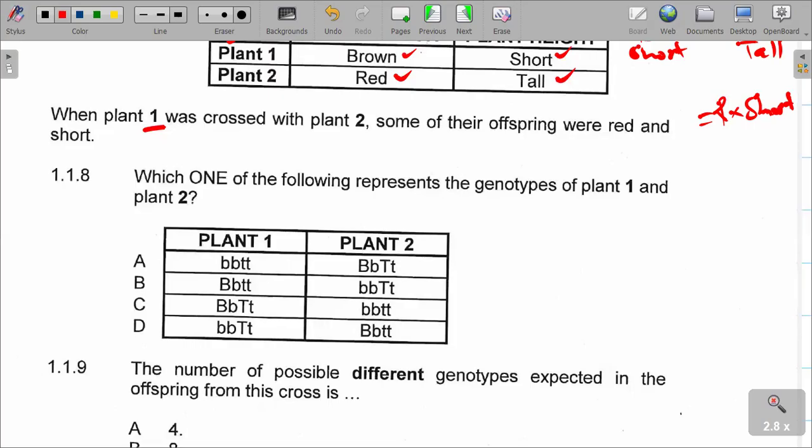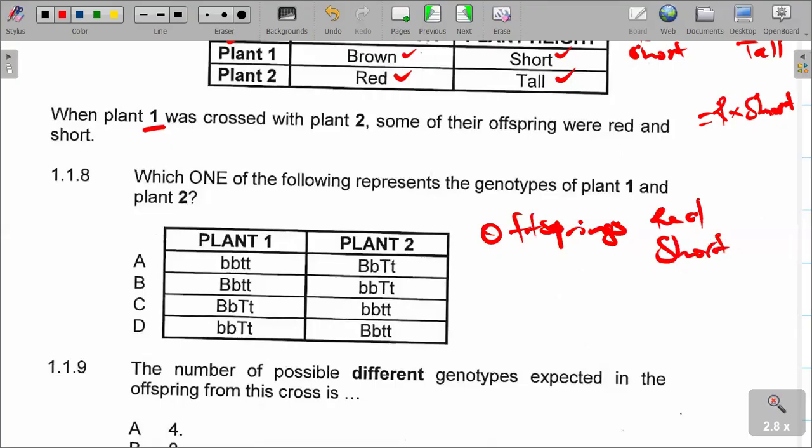The problem states that some offsprings were red and others were short. So we have got some red and some short.